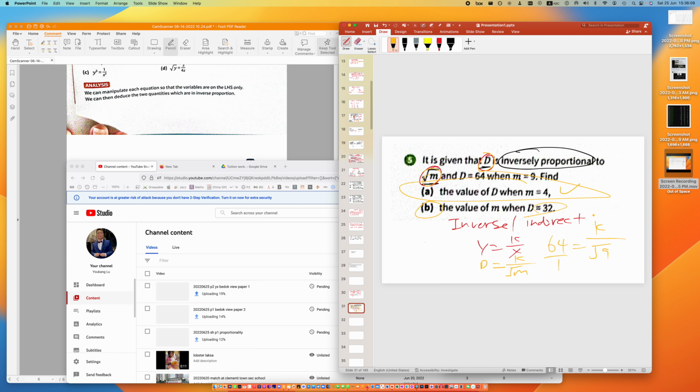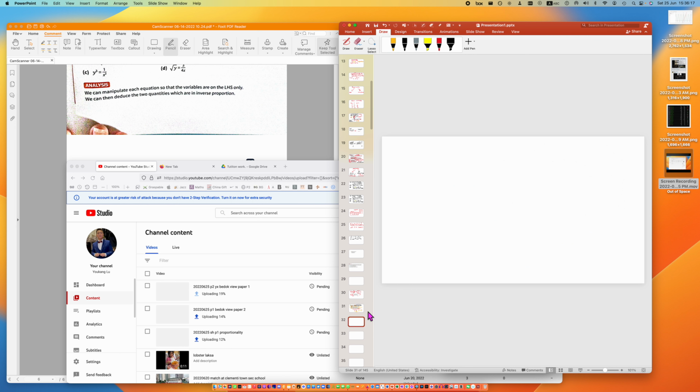By the way, for the square root, generally you don't have to write the 2. But for the cube root you need to. So 192 equals to 32 times square root m.